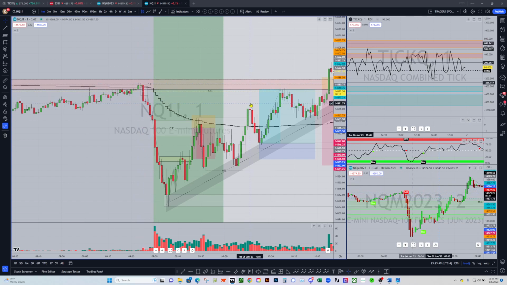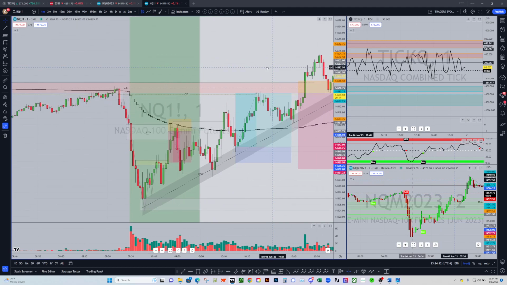Initially, I knew I wanted to take a shorter trade again, just to pad up my profits on the day so far. As we pulled back in, I had a market order to buy here, took the trade, set my stop loss just below the fair value gap, and then got lucky as we continued right back up, taking profit right at that fair value gap low.